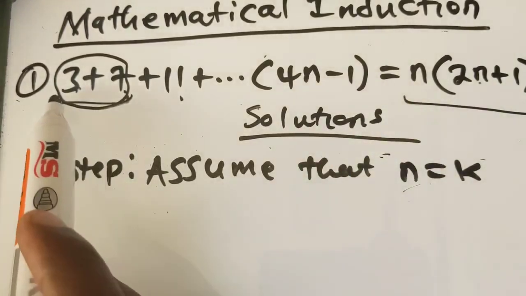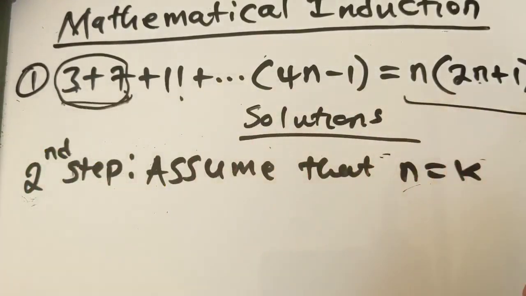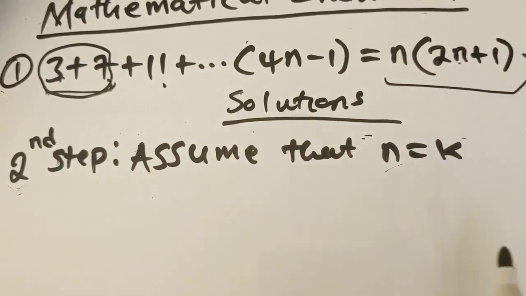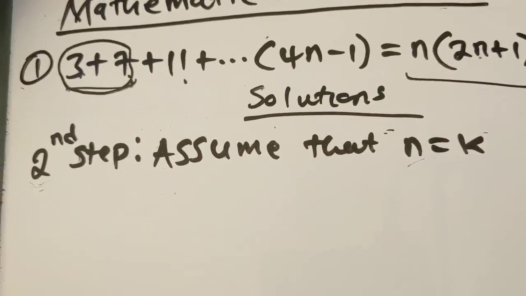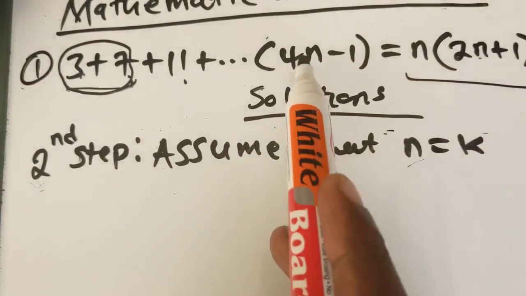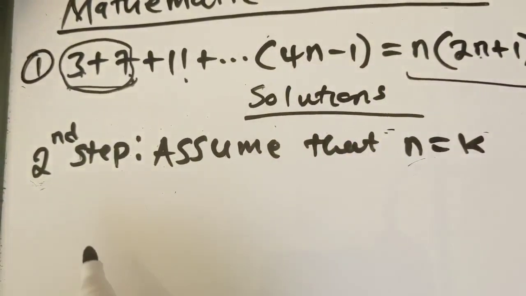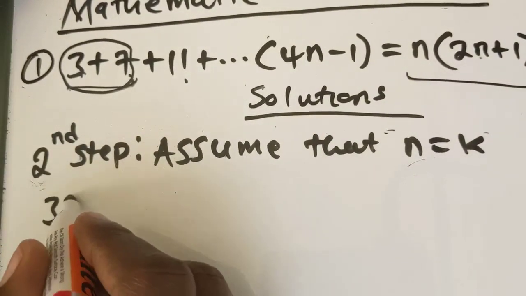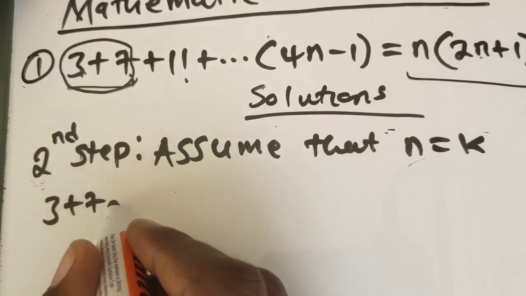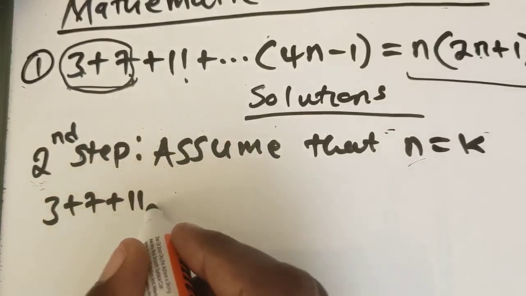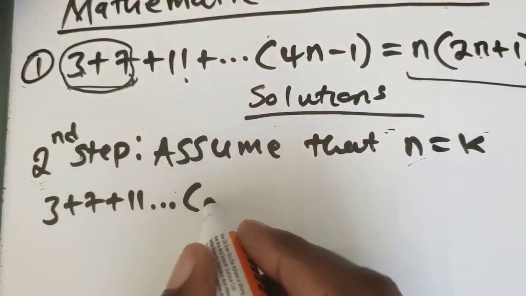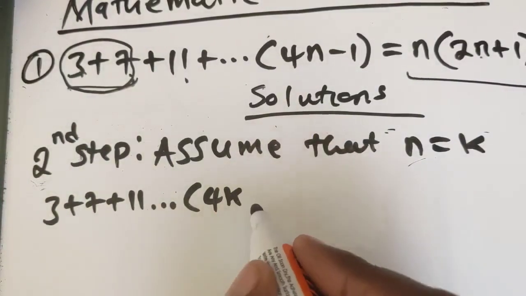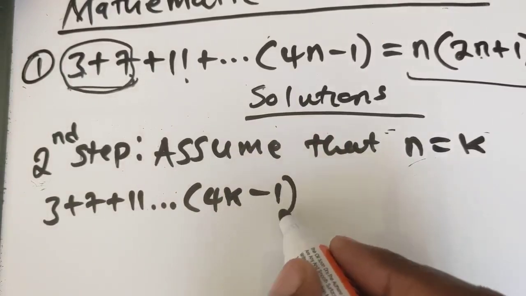So you start from here, you copy starting from here to here. But remember, where there is n, you put k. So we'll start from here. So we'll say it is 3 plus 7 plus 11 dot dot dot, open bracket, 4, where there is n, we put k minus 1, like that.